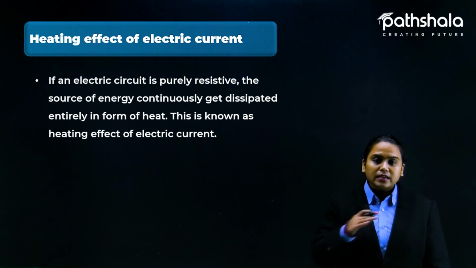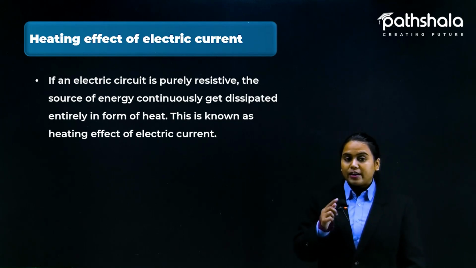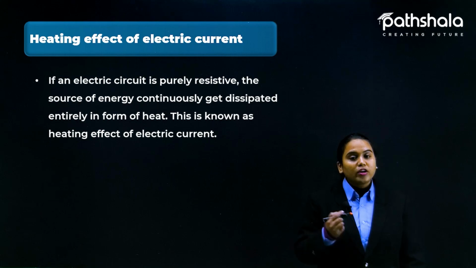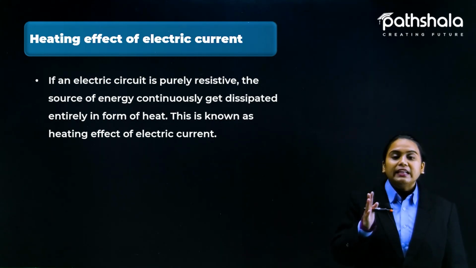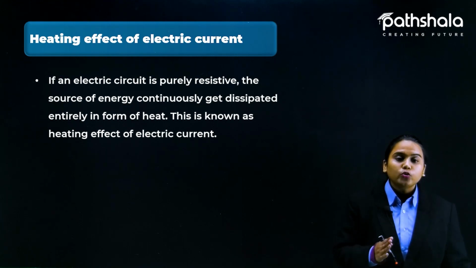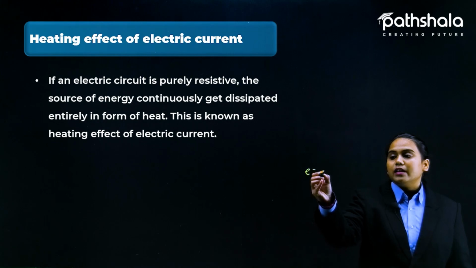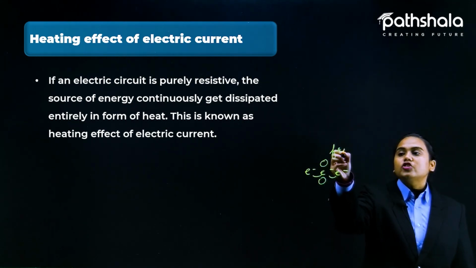If a circuit is purely resistive, because you know that electrons face resistance, the source of energy continuously gets dissipated entirely in the form of heat. This happens because of friction. Electrons collide with each other and with some atomic particles, so there is a certain kind of friction.